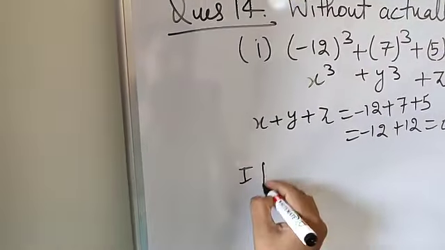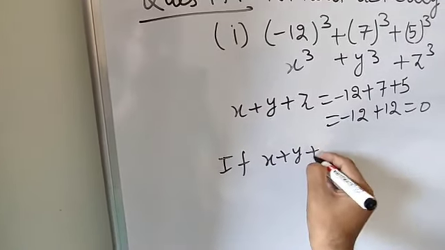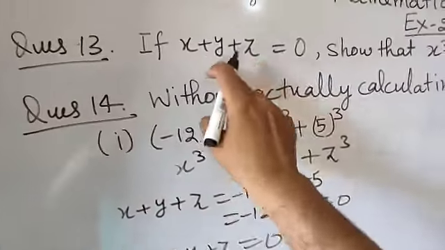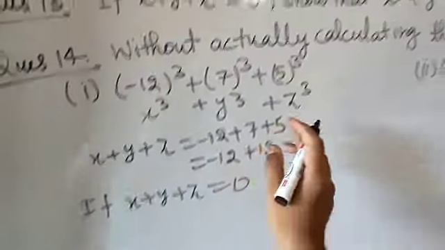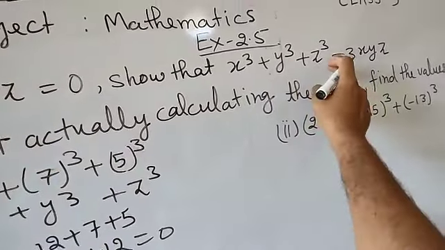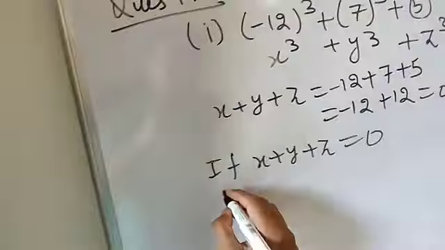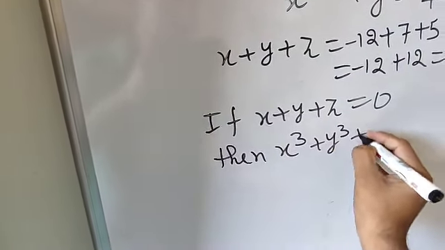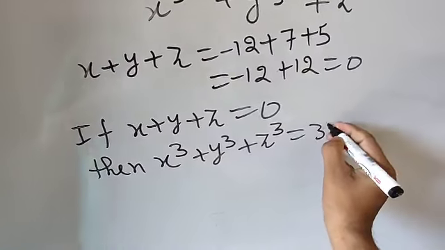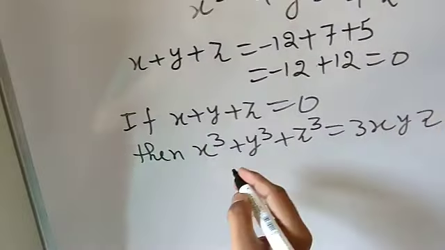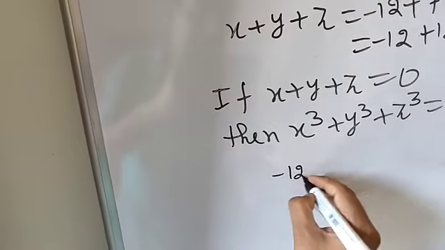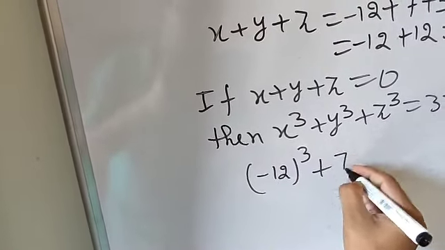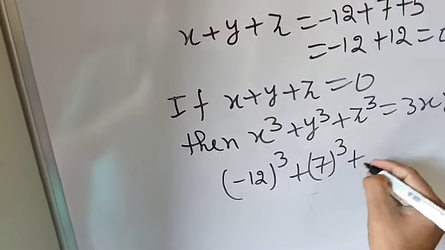It means if x plus y plus z equal to 0, then you had proved that x cube plus y cube plus z cube equal to 3xyz. Now here it can be written as minus 12 cube plus 7 cube plus 5 cube.